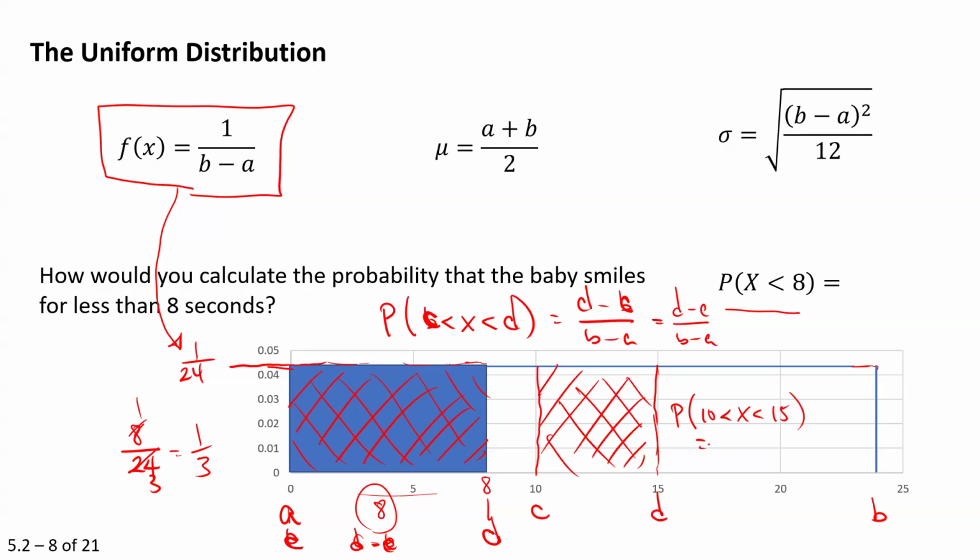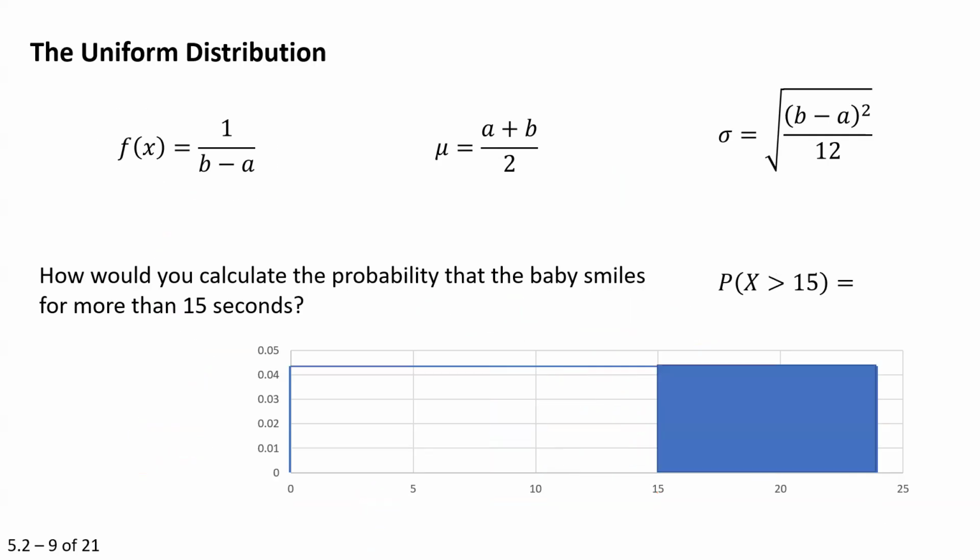D minus C, that's 15 minus 10, over B minus A, that's still 24 minus 0, isn't it? So I get 5 on top and 24 on the bottom. So a little over 20%. Okay, so we have another formula in our pantheon here, a formula for finding the probability that we're in some portion of this distribution.